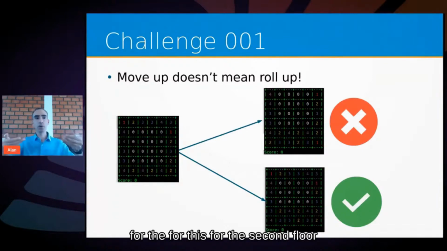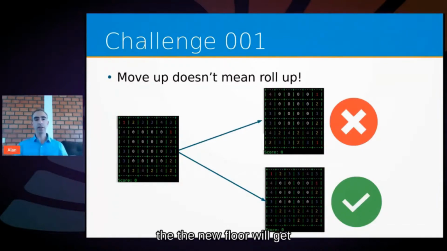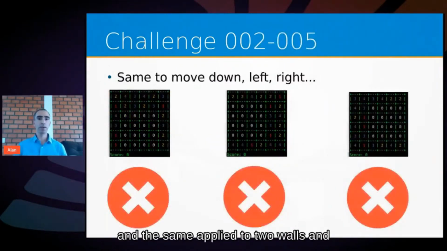second floor, and the new floor will get new values that are behind it, in another invisible layer, for example. It cannot remove the cell of the matrix. And the same applies to walls and also to the floor.